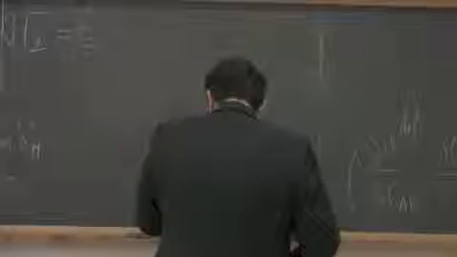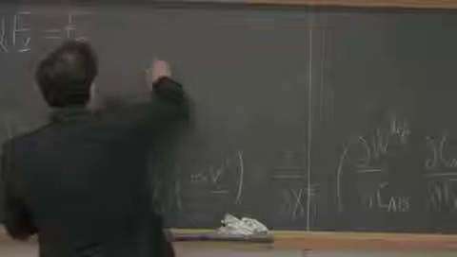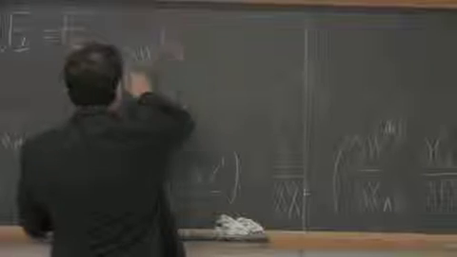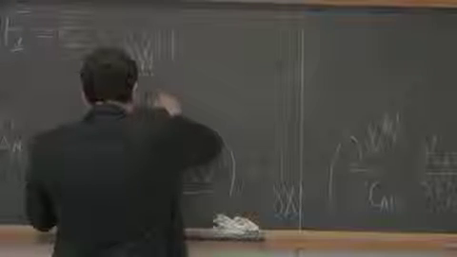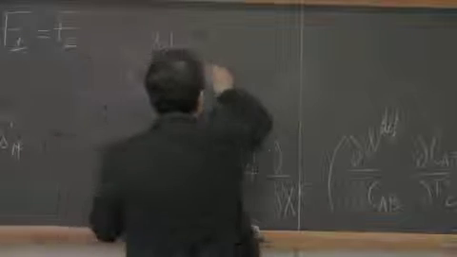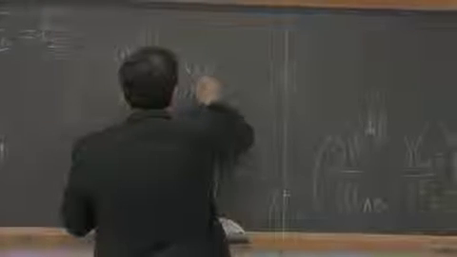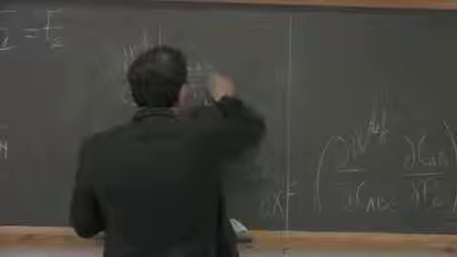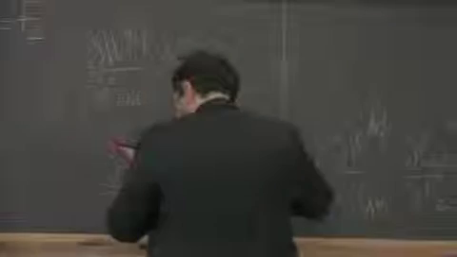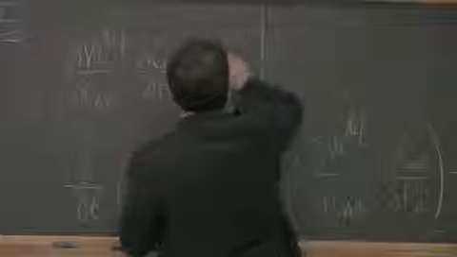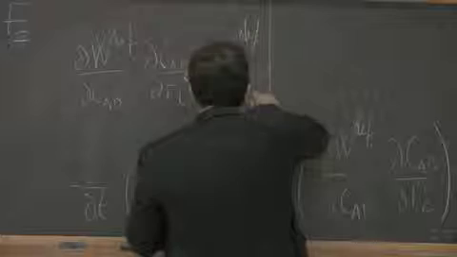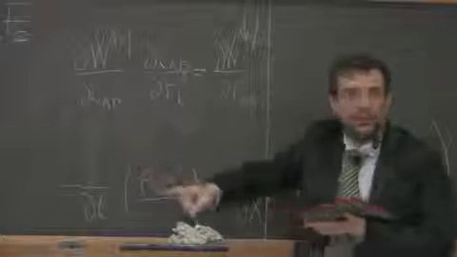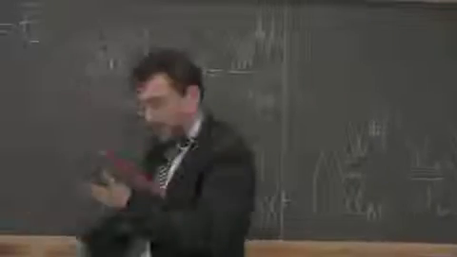So I must write dW_def over dC_AB over dF_iL equal dW_def over dC_AB, and at the place of this I plug in this animal.